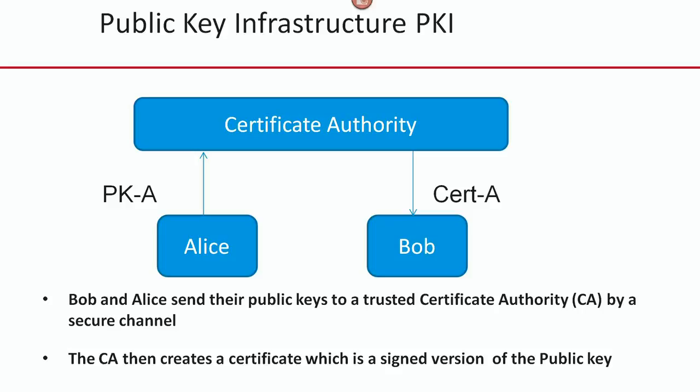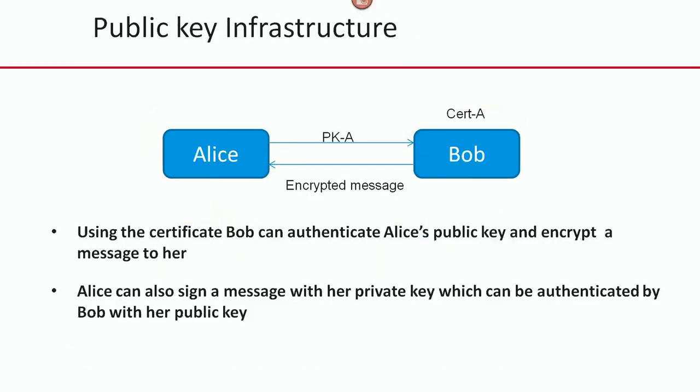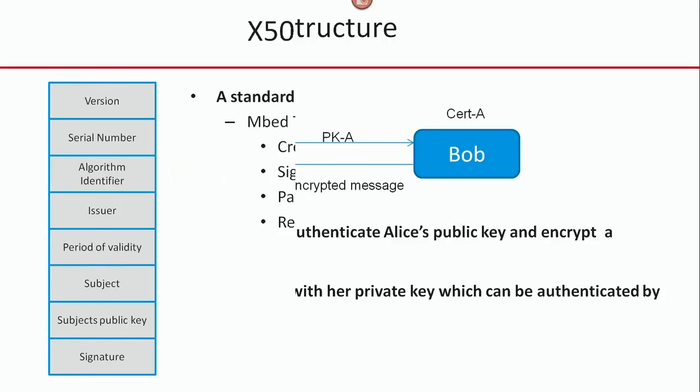They can sign that and create a certificate which can then be downloaded by somebody who wants to send us a message. They can check the signature of that certificate, validate our public key, and then encrypt data, and then we can communicate securely. So this removes the problem of the man in the middle attack.